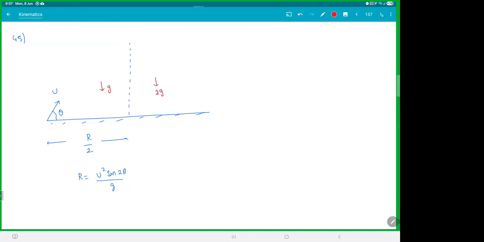Something happened. The gravity suddenly became doubled once you cross that line. So then you won't fall at the same place, isn't it? You will fall somewhere here. Find x. In terms of r, options should be something like x is equal to r by 2, root 2 r by root 2, r by 2 root 2, r by root 3, options like that. So give me the answer in terms of r.